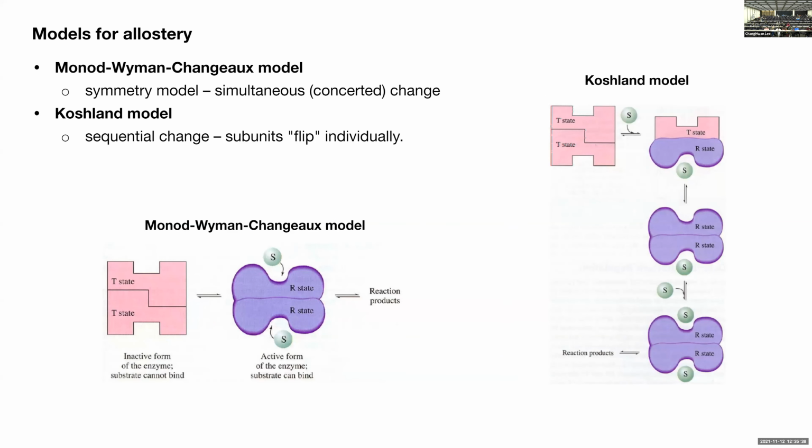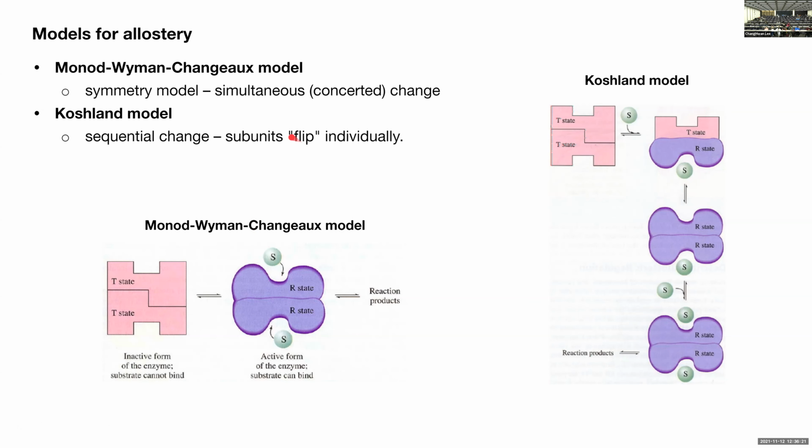All right. So for this allostery, where it changes the conformation of the enzyme, especially its subunits, there are two different models to explain how it works. The first one is the Monod-Wyman-Changeux model. It's also called the symmetry model, where it's assumed that everything happens simultaneously. So it has a T state, the tense state, as in hemoglobin as well as many other allosteric enzymes, and it can change to the R state, the relaxed state, and that happens all together for the subunits.